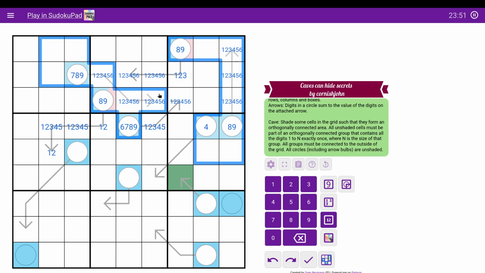Which suggests caves can hide secrets implies that identifying the digits 1 through 5, so these unshaded chunks would be caves, I guess, and therefore the chunks of size 9 can hide the digits 1 through 9 adding up to 45. So that would have to be significant in some way.